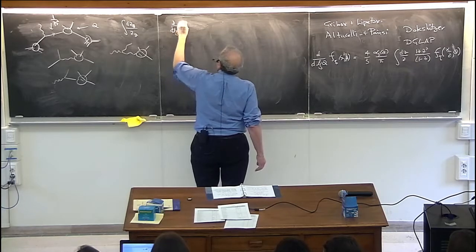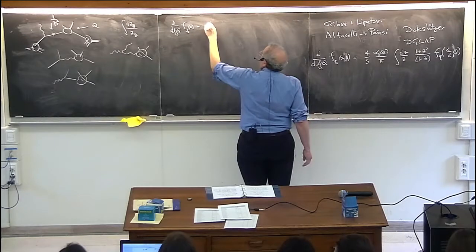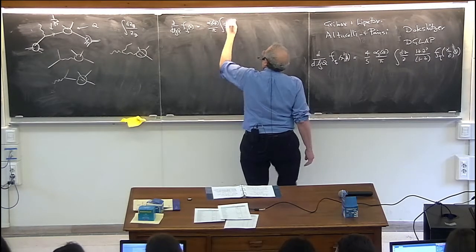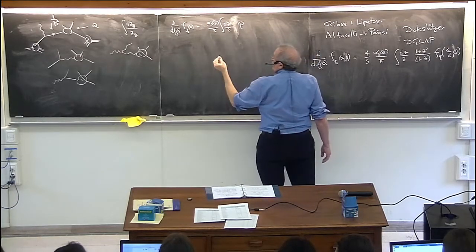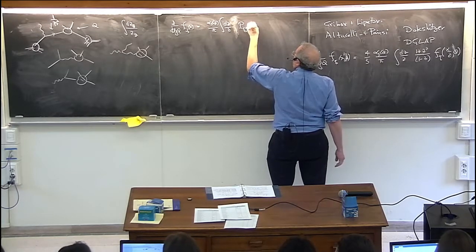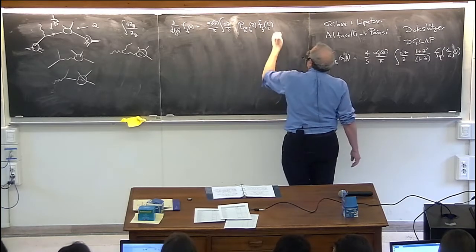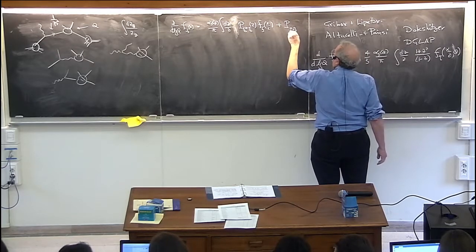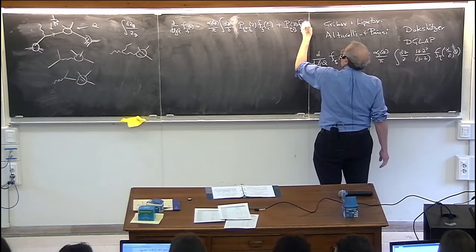D by d log Q of a quark distribution is alpha s of Q over pi, integral dz over z, what's called the Altarelli-Parisi splitting kernel, P q to q of z, f sub f of x over z, plus, since a gluon can split to a quark, there's another kernel that we haven't computed yet with the gluon distribution appearing here.